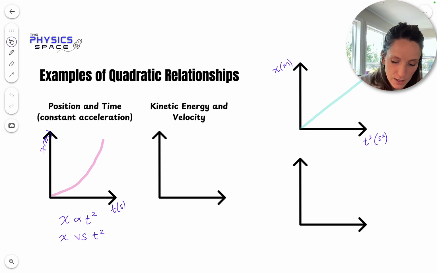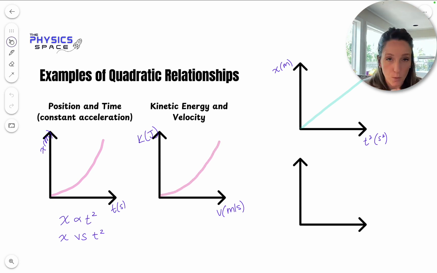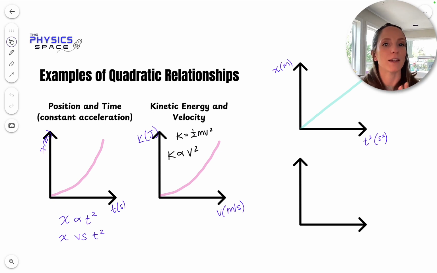So if I'm graphing kinetic energy in joules on my y-axis, velocity in meters per second on my x-axis, this is going to be a graph shape where I'm getting a quadratic relationship because, okay, and I want to show you this too to bring together how we're getting something squared here. Remember, kinetic energy is equal to 1/2 mv squared. So my graph is showing that kinetic energy is proportional to the speed squared.